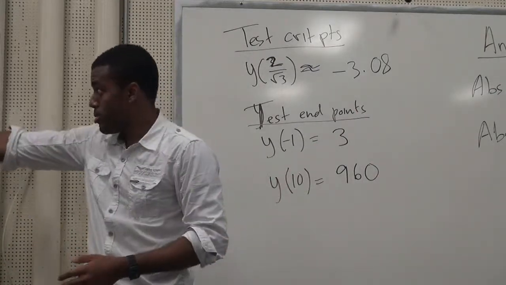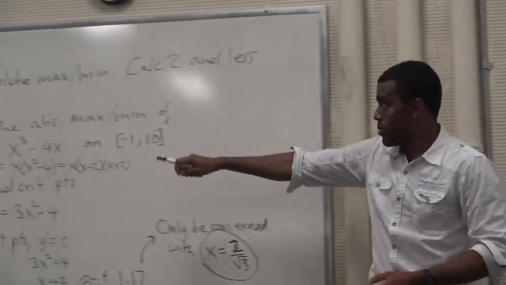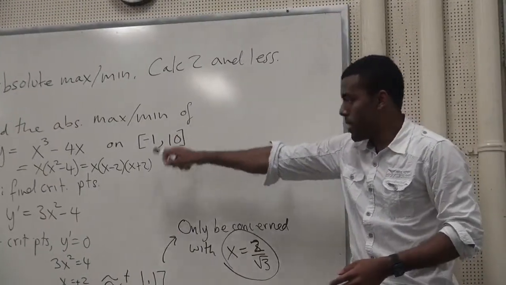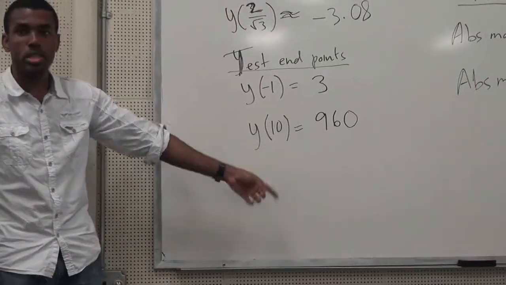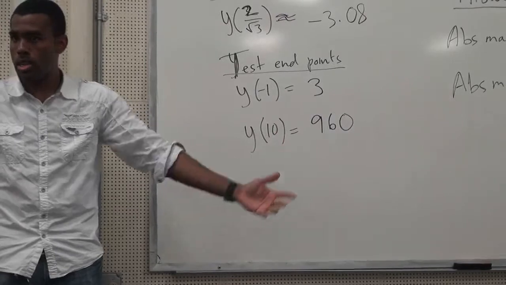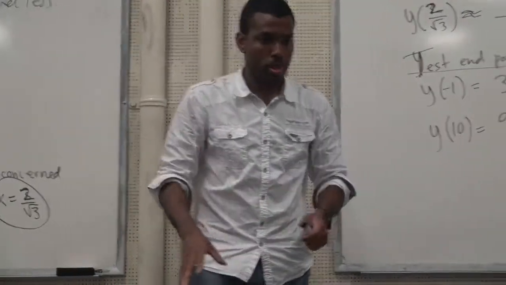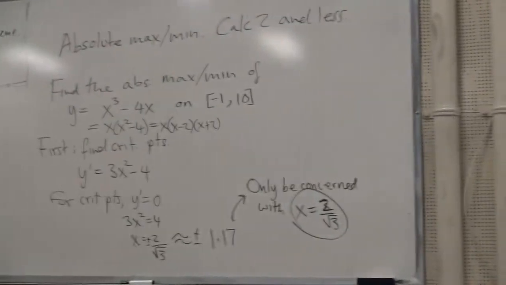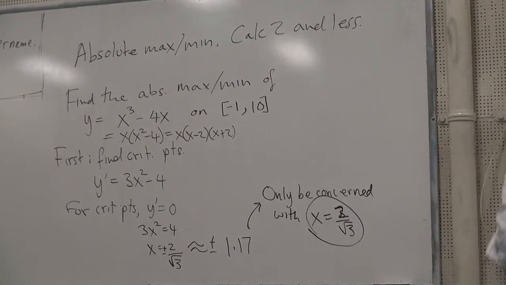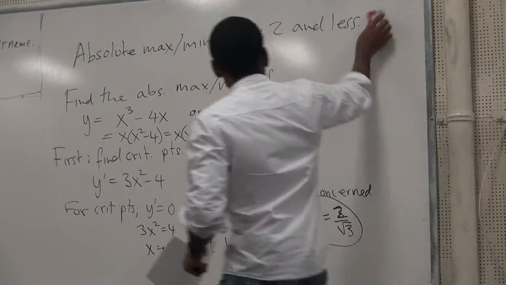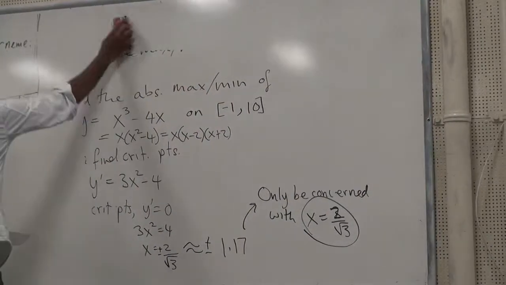In Calculus 2, with an interval, you find the critical points, make sure you find which ones fall inside the interval, test those critical points, then test the endpoints, and see who's the biggest and who's the smallest. So now that we've reminded ourselves of that and how to draw a cubic function, let's do this in Calculus 3. We're going to continue with 11.7.